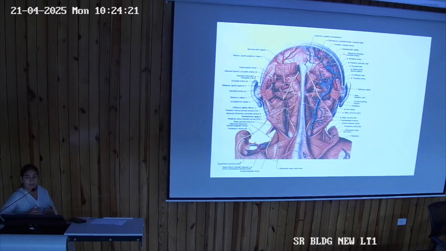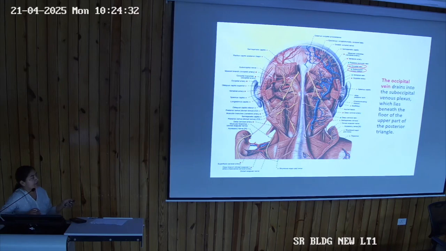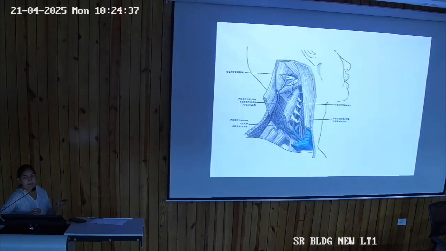Then there is the occipital vein also. This occipital vein drains into the posterior triangle. The upper part of the posterior triangle has the suboccipital venous plexus. So it drains into the suboccipital venous plexus and from there it drains into the vertebral vein.